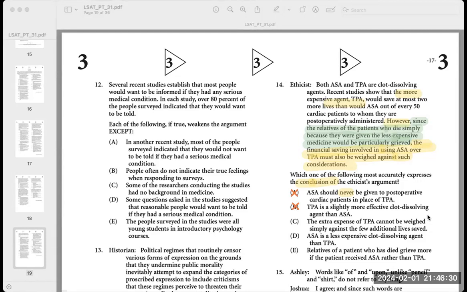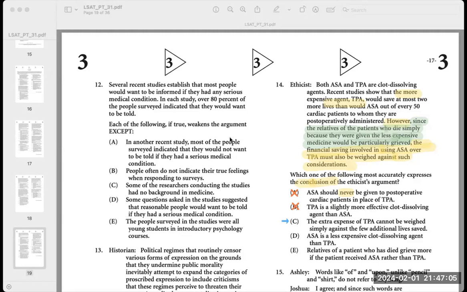I think there's something to be said for the word simply: it can't be weighed simply against the few additional lives saved. It would be complex because of their particular grief, thinking my relative would still be alive if they'd just used the more expensive medication. So I would flag C as having potential and then move on.